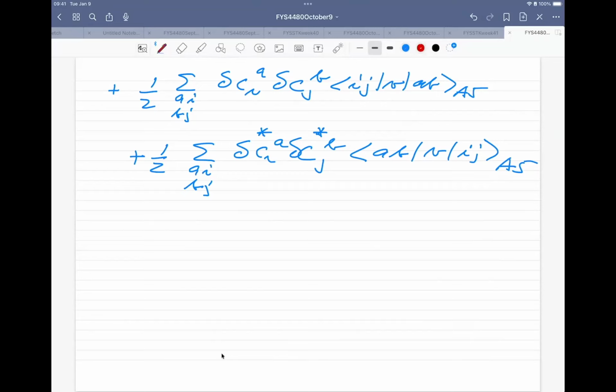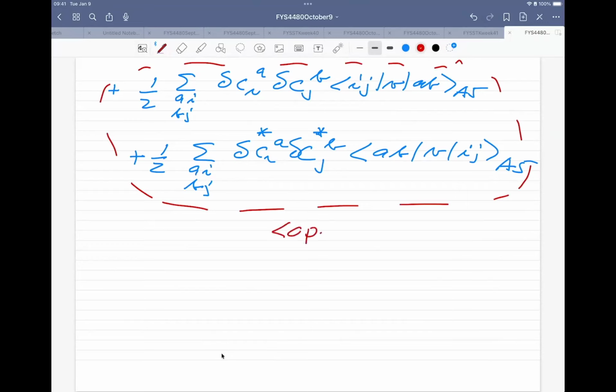Now, these terms which you see here now, they correspond to us having taken the overlap between zero particle, zero hole, the Hamiltonian, and then a two particle, two hole excitation. So we are now mixing in a two particle, two hole excitation.